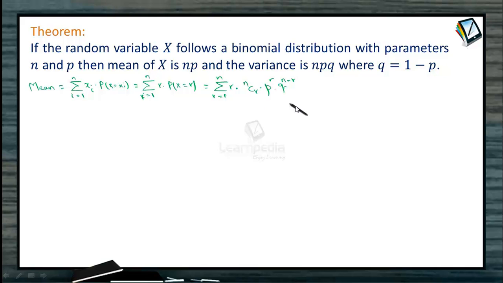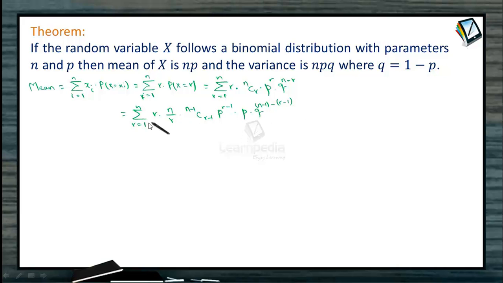Let's use the simple properties of binomial expansion to get this sum. Yes, it is sigma r equal to 1 to n of r into this nCr, which we will express as n by r into (n minus 1)C(r minus 1), times p to the power of r minus 1 into p into q to the power of n minus 1 minus (r minus 1). Look at them, nowhere has the value been affected.